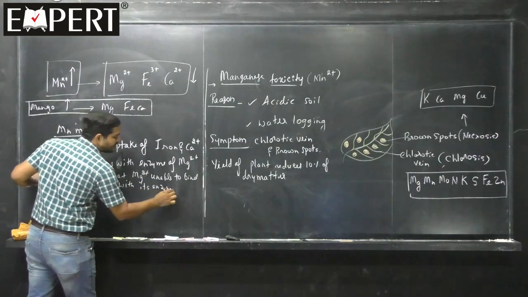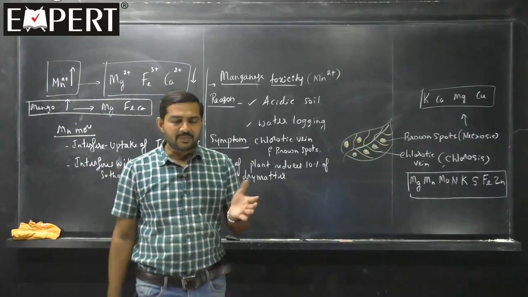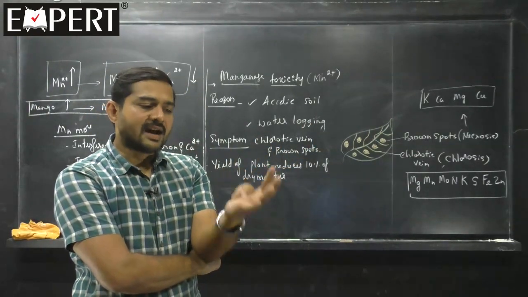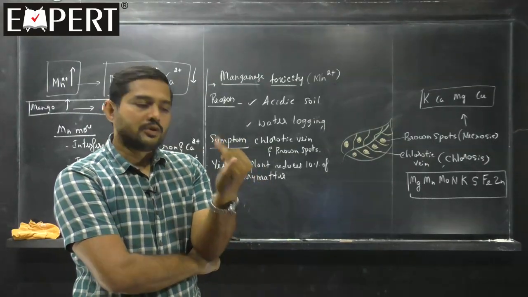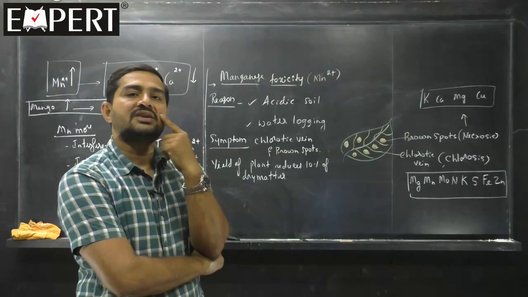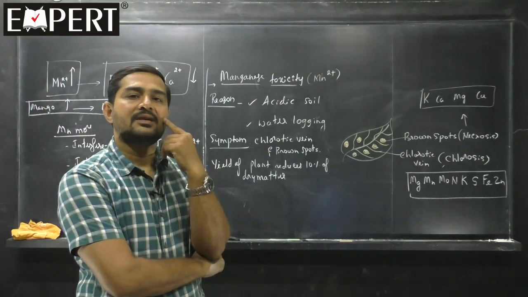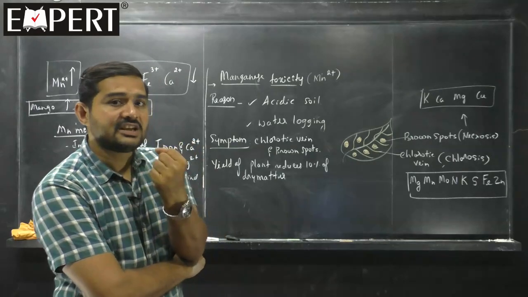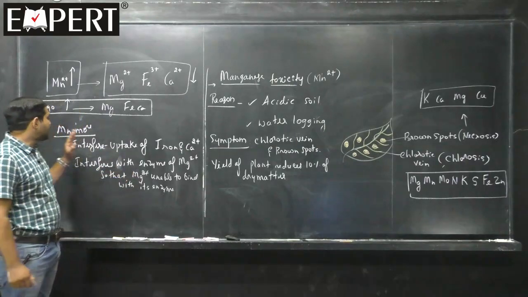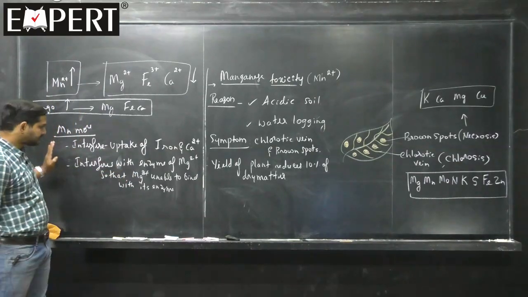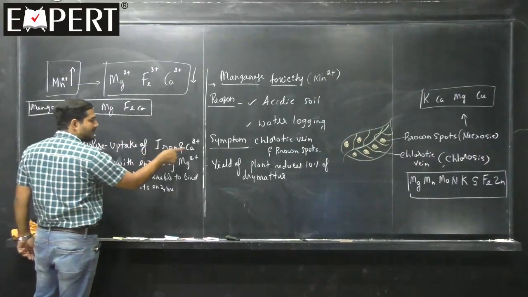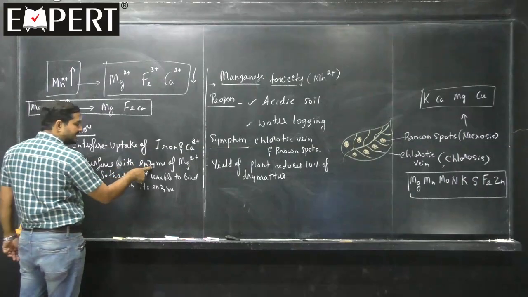You know that magnesium is important; we have to bring all the points here. Magnesium is important for DNA synthesis, RNA synthesis, protein synthesis, rubisco, peptidase, hexokinase, ribosome structure, chlorophyll structure, right or wrong? The requirement of magnesium is a very important one. But here magnesium is unable to bind to the enzyme because manganese is interfering with it. So two points: interference with the uptake of iron and calcium, and interfering with the enzymes of magnesium.